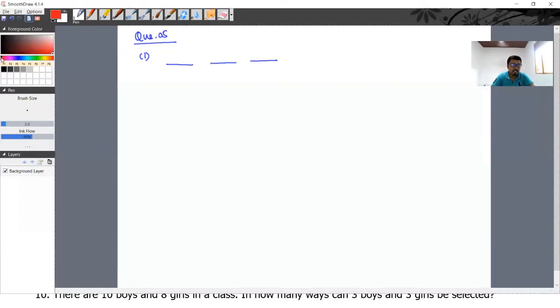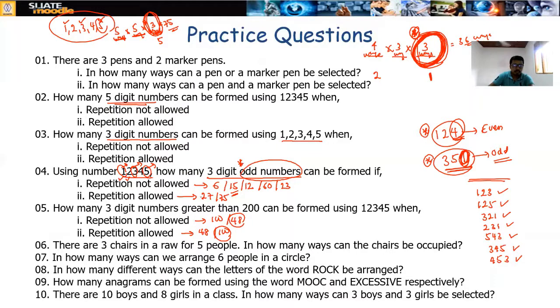That 3-digit number should be greater than 200. We need to form a 3-digit number, but the number we form should be greater than 200.